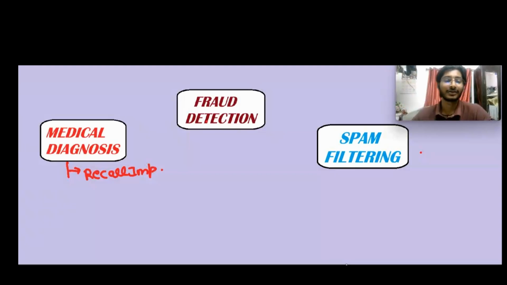Let's consider fraud detection. Again, recall is important, because missing a fraudulent transaction can cause huge financial loss.